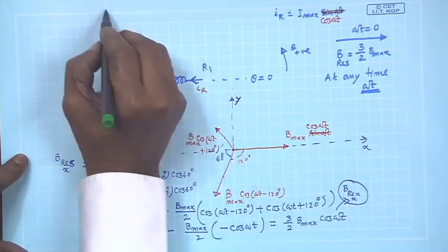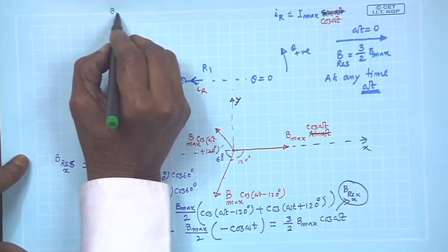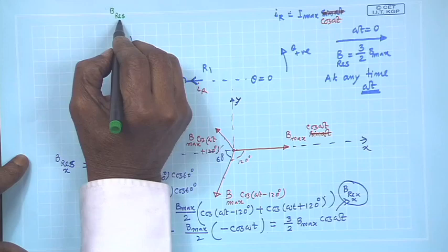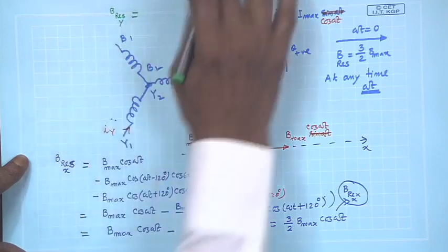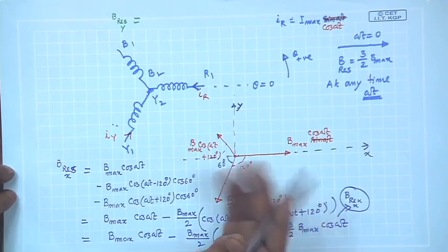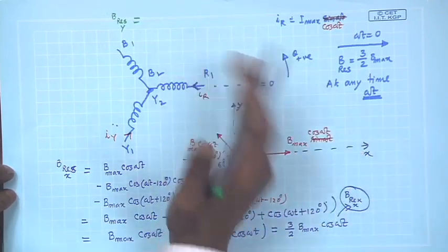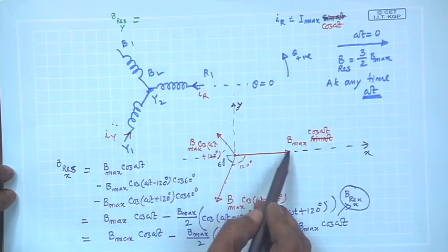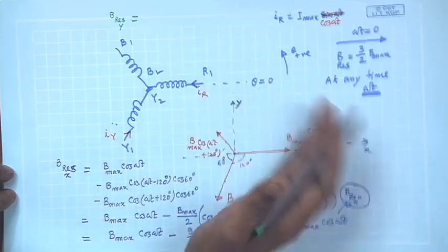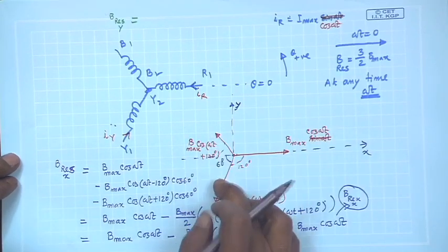So, B resultant y component will be, for all the component vectors, take the projection on the y axis. So, for B max it cannot be, for R phase no projection. So, only for this and this.